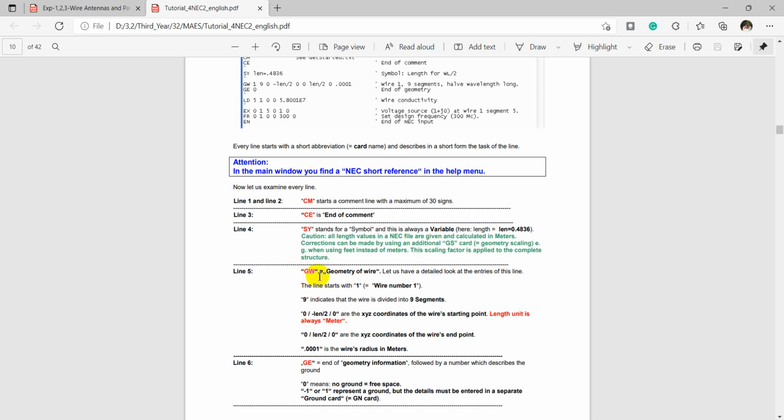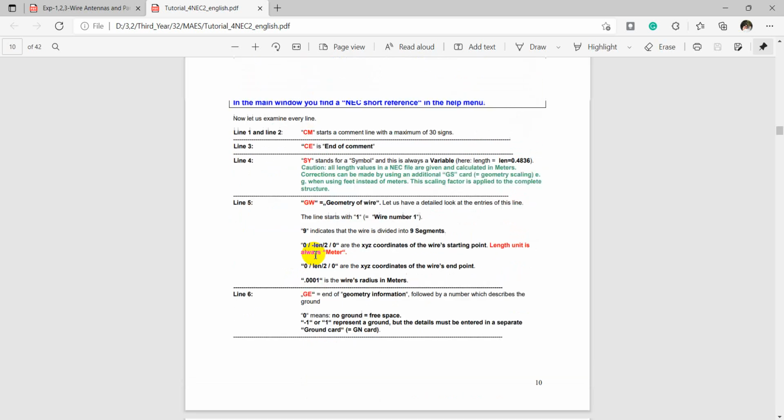And GW stands for geometry of wire, with the values seen here: 1, 9, 0, minus length divided by 2, 0, 0, length divided by 2, 0, 0.0001.